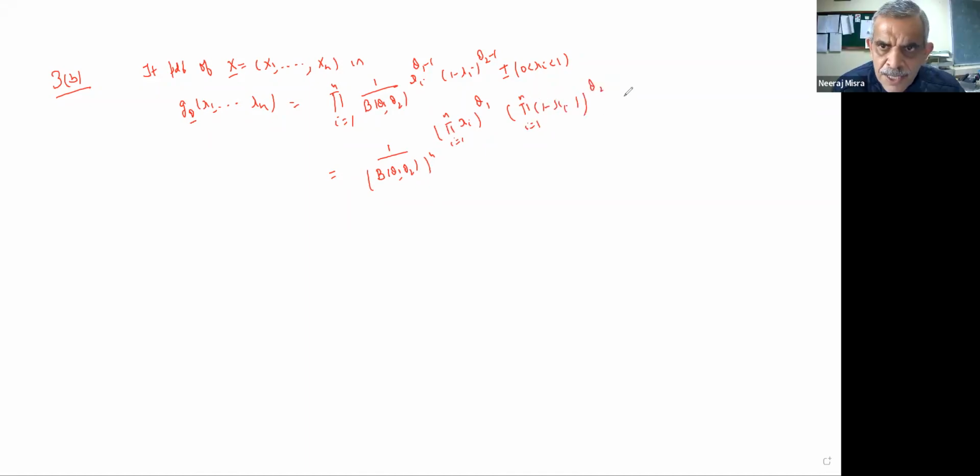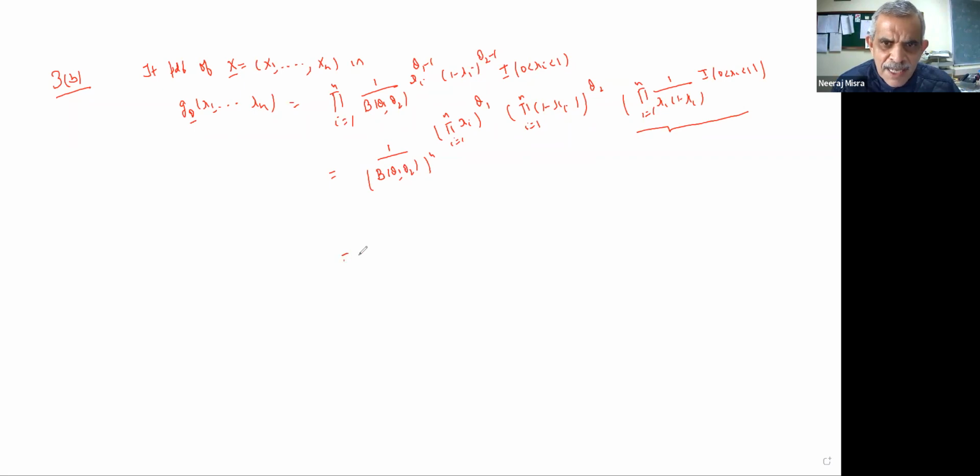Then the product i equals 1 to n of 1 upon xi into (1 minus xi), indicator 0 less than xi less than 1. Okay. You can call this some function of x alone.